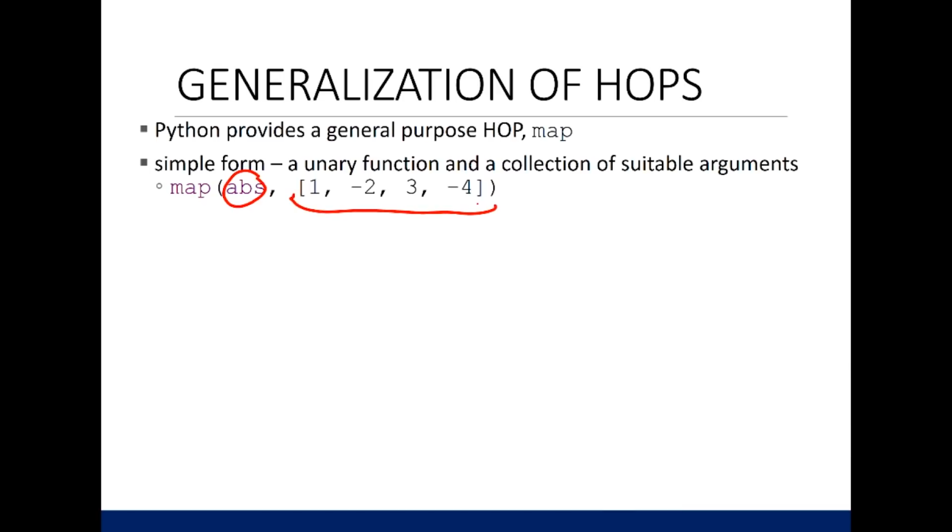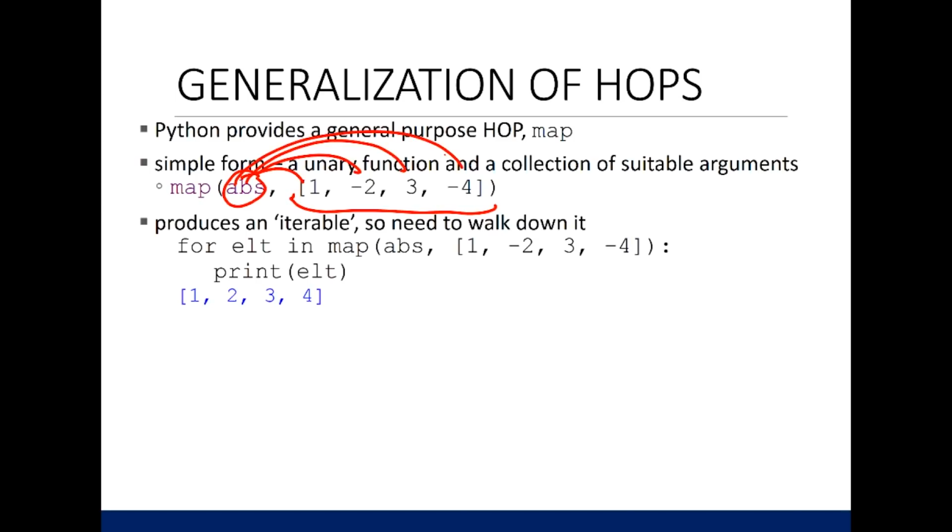It takes a collection, in this case, a list of appropriate arguments, and it literally creates a list where it has applied that function to each element in turn. So it will return an iterable that we need to walk down. And in fact, I can do that. Having done that map, it gives me back a collection of them, and I could walk down them in turn, printing them out. And it'll print out, in fact, the values of all of those pieces.